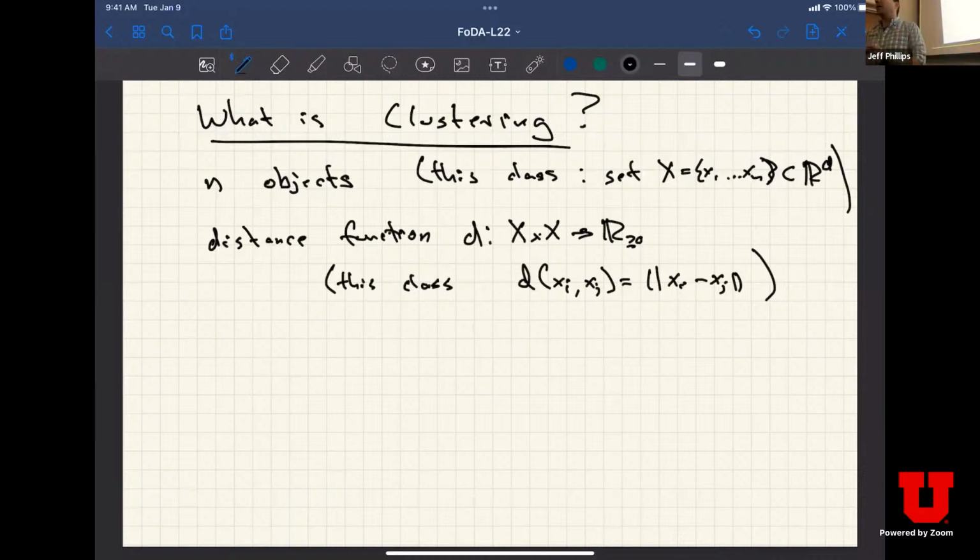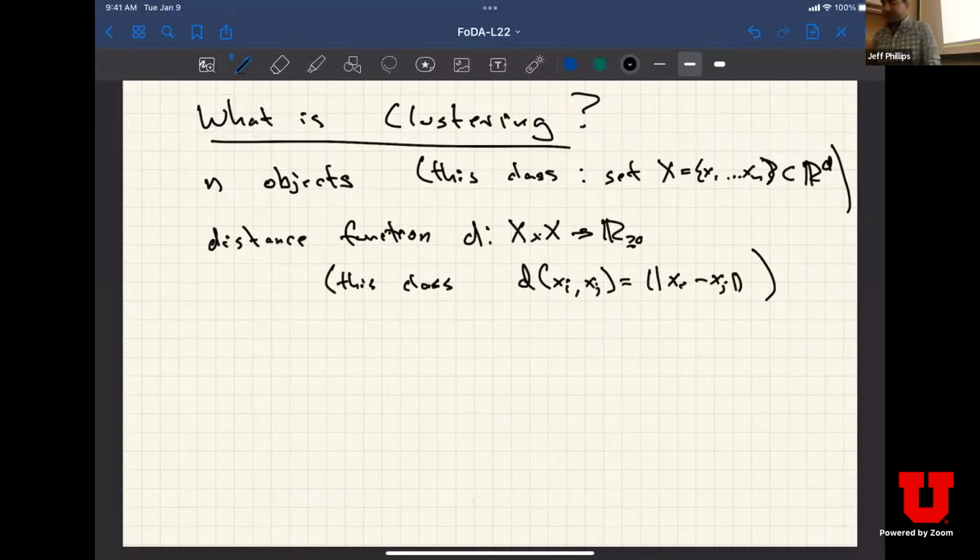In general, you can use other distance functions for a number of the formulations. Actually, for k-means, our main thing that we'll talk about, you basically need the Euclidean distance for this to work. This is the most common thing, but other algorithms can use other distance functions.